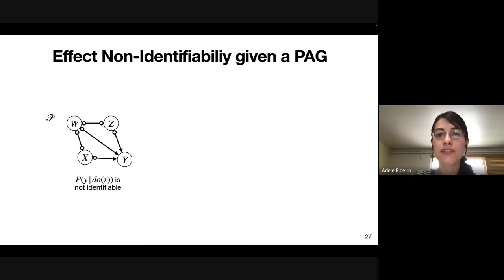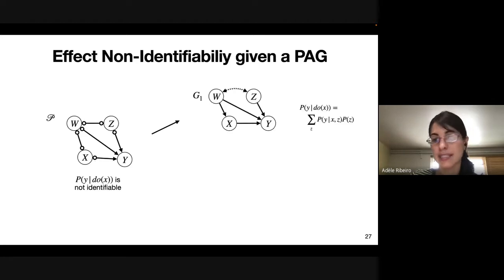And what is non-identifiability? This is an example where the effect is not identifiable. So this means that there exist some graphs where the effect is identifiable. For example, this could be one graph. This is a graph in the equivalence class, and the effect is identifiable, but I don't have the knowledge to know that this is the true underlying graph.